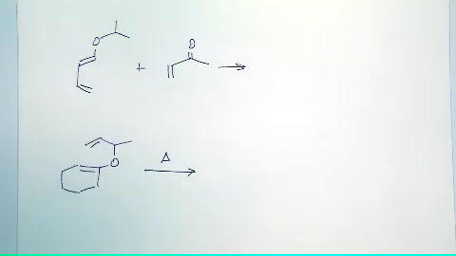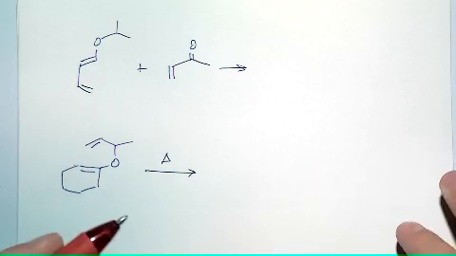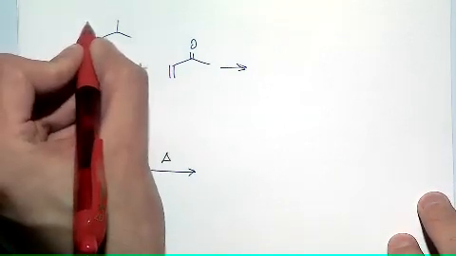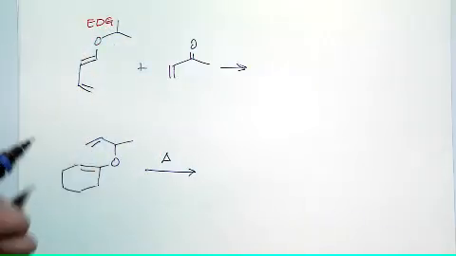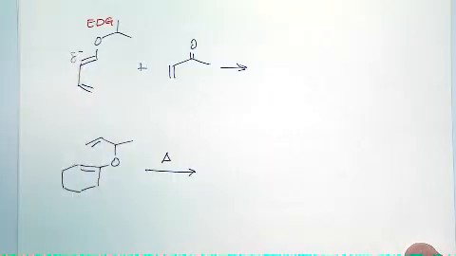Okay, for our Diels-Alder reaction, if you draw the resonance structures here, you'll find that this, from the oxygen upward, that's an electron donating group. And so that means that we're going to end up with a partial negative charge on that carbon.